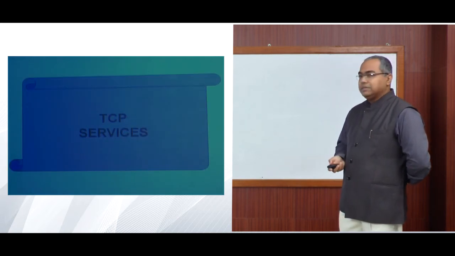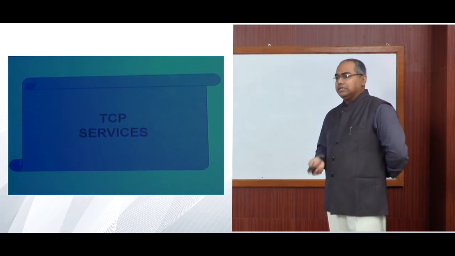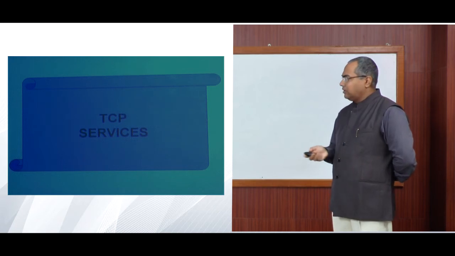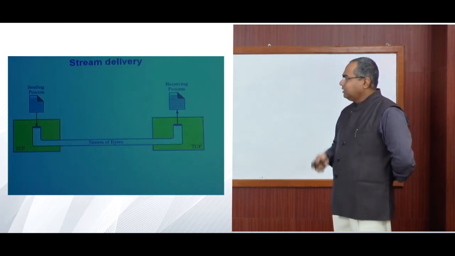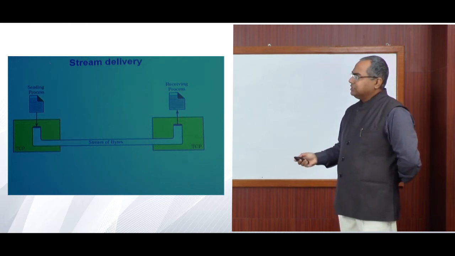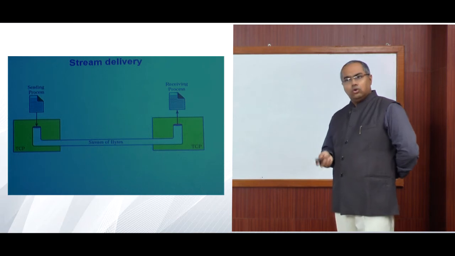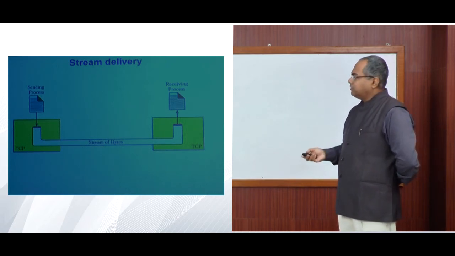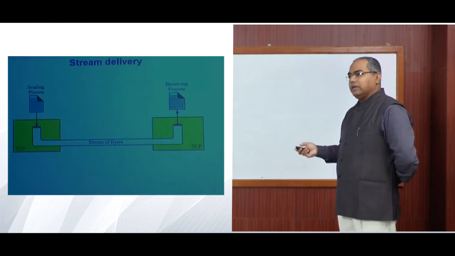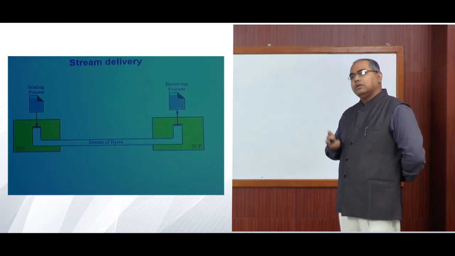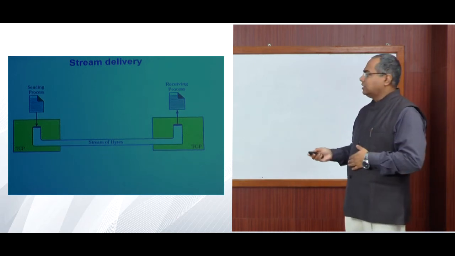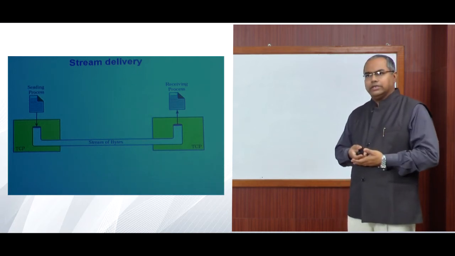Next, TCP service. How does TCP implement this whole thing? And this is easier said than done. There is a lot of technological things happening at the background. Say this is my computer which is located at Kolkata, that is eastern part of India in Asia, and this machine is my, say, Google server, I'm not talking the national mirror of that server, say the original server located somewhere in United States.